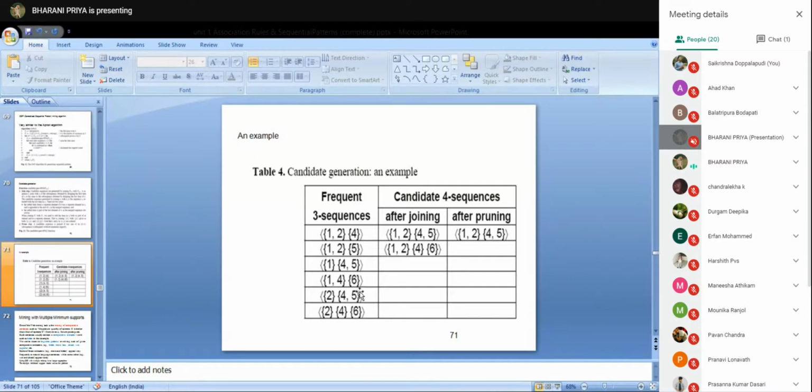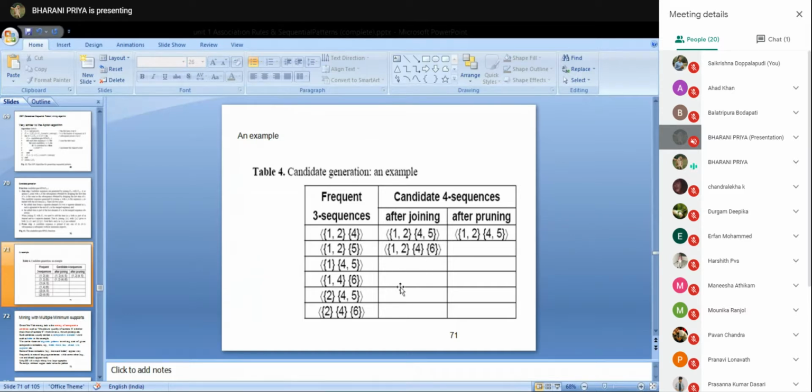And I'll drop 5 here, so the result is 2, 4. Then I can join 1, 2, 4 and 2, 4, 5. So my output is 1, 2, 4, 5. I'm not including 2 again because 2 is already there in this item set. Is this point clear?